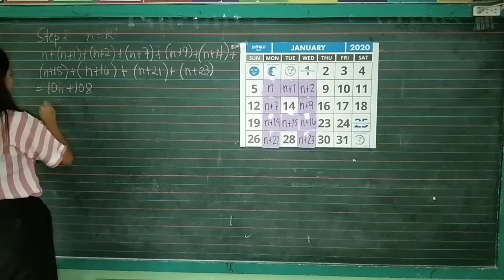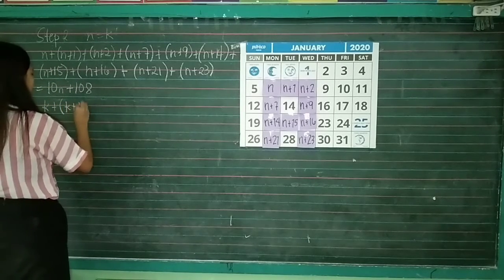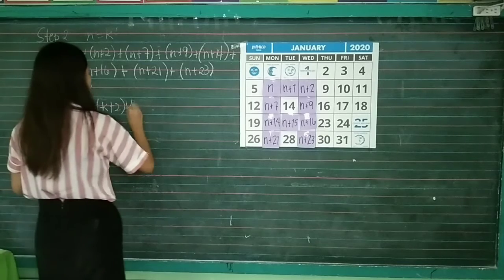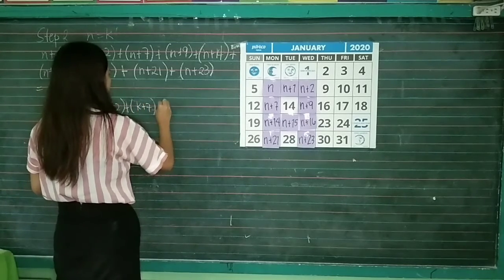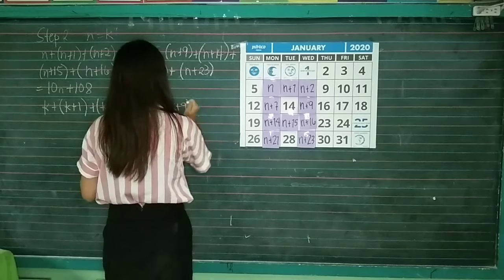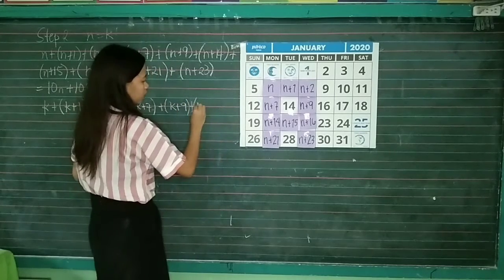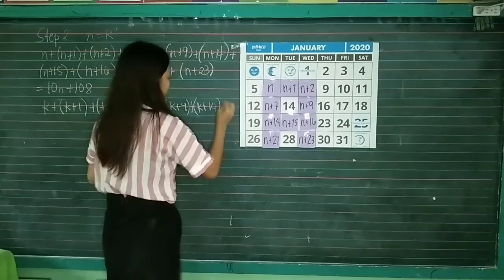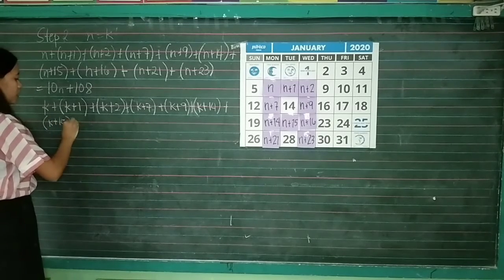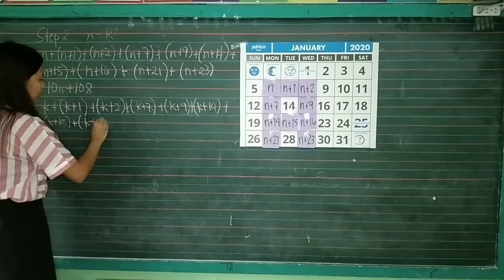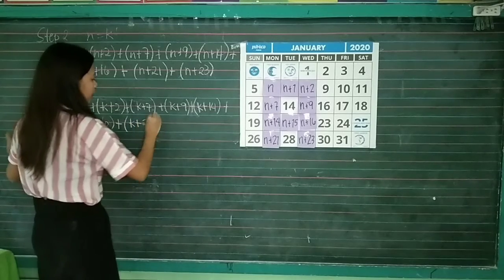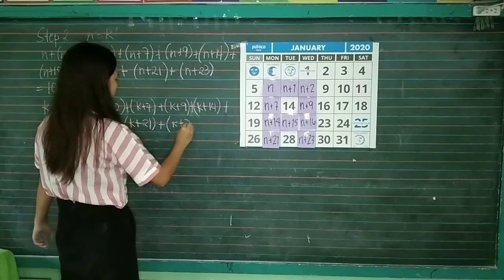So, for n, we have k plus, papalitan lang natin ng k plus 1, k plus 2, k plus 7, plus k plus 9, plus k plus 14, plus k plus 15, plus k plus 16, plus k plus 21, plus k plus 23.